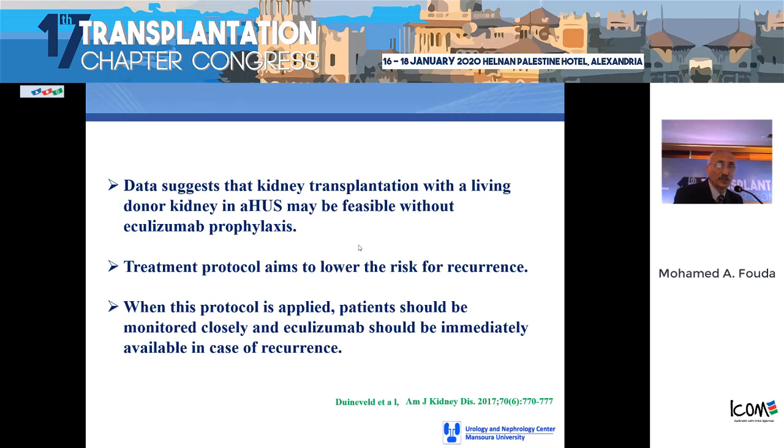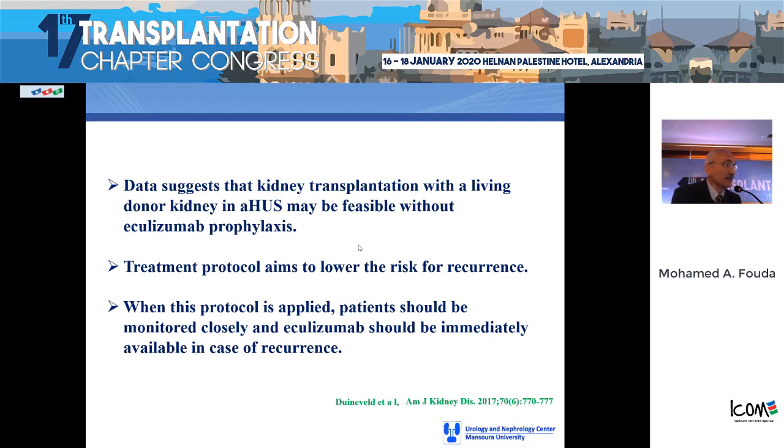However, when this protocol is applied, patients should be monitored closely, and eculizumab should be immediately available in case of recurrence. Interestingly, the authors had 3 patients with living-related donation, which is considered a contraindication for donation, but genetic screening for 2 of these patients was carried out to eliminate the risk of problems after transplantation, and the data for 1 patient is lacking.